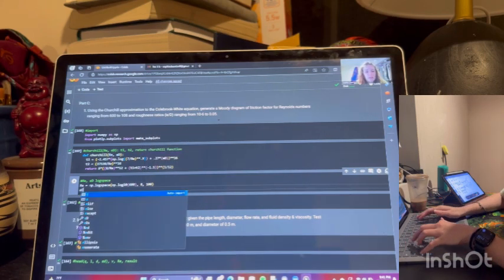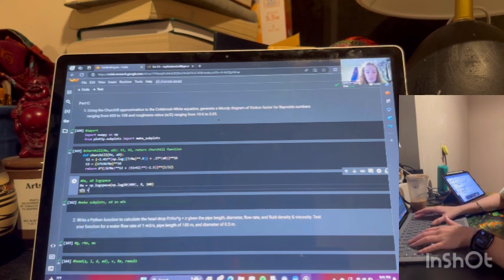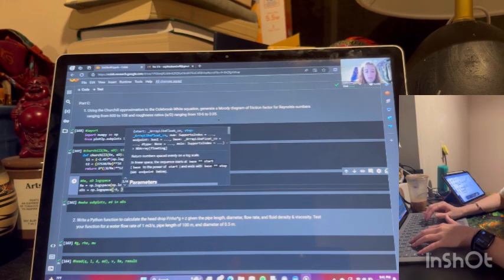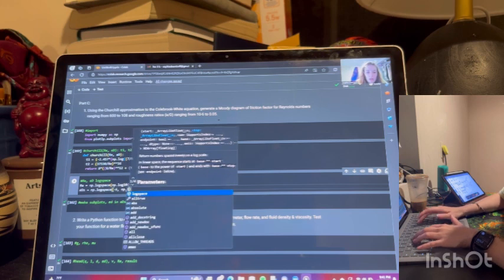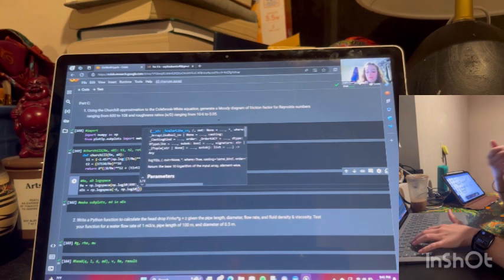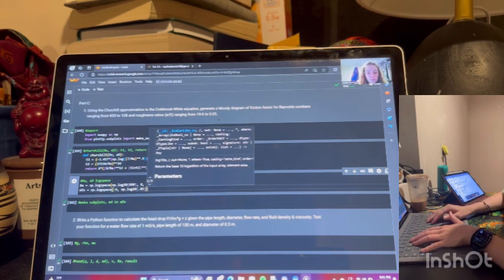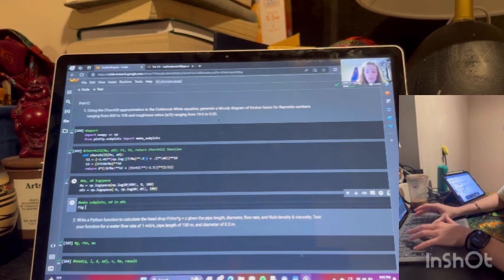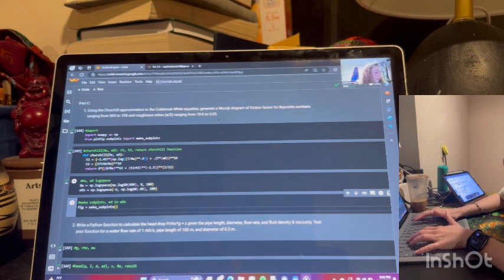And then EDs is the same thing, logspace, except for -6, np.log10 of 0.05, and 100 as well. So then we're going to do fig equals make_subplots.